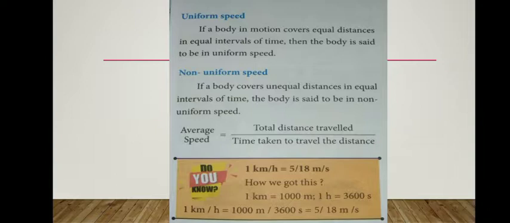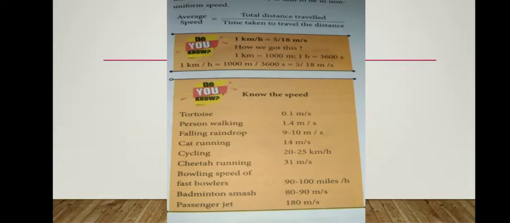Here the speeds are mentioned. A tortoise moves only 0.1 meter in 1 second. A person walking travels 1.4 meters per second. Falling rainfall is 9 to 10 meters per second.